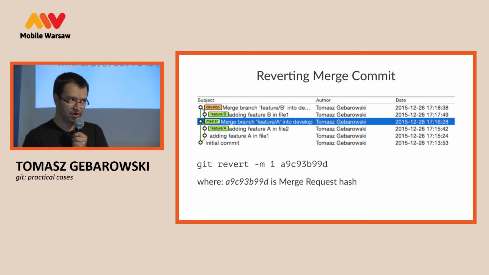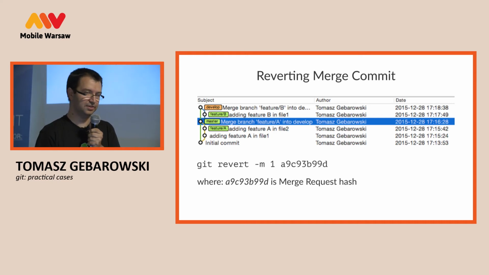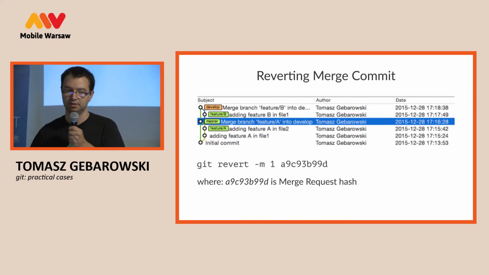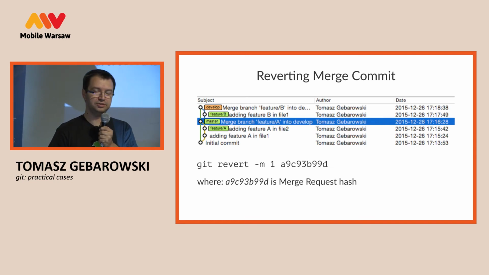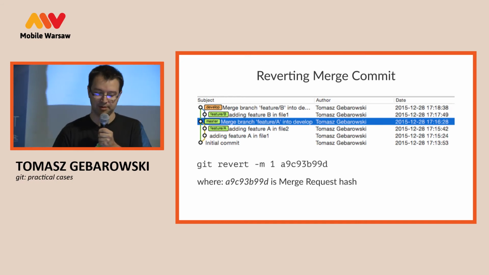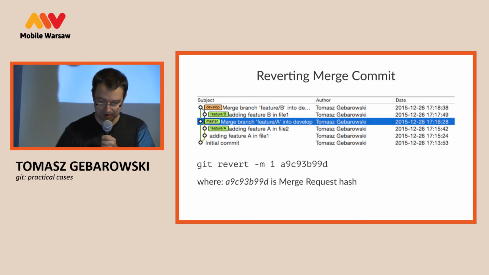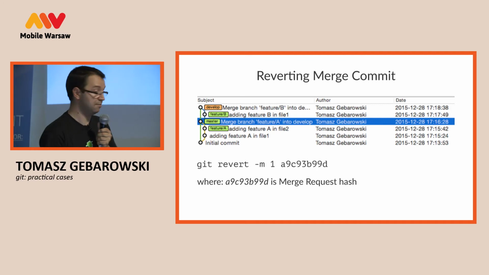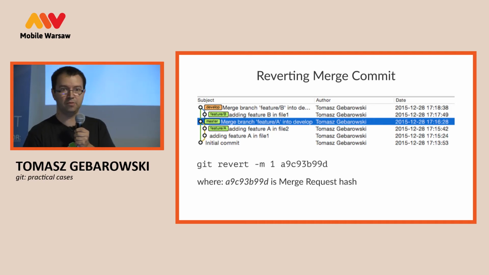Okay, now let's say a few words about reverting merge commits. As I mentioned, when we are fast forwarding, those types of commits are hard to revert because they are not annotated by anything. You have to call git revert on every commit, or you have to script it some way. But when you have merge commits, then you can simply use git revert -m 1, then give the hash of the merge commit.